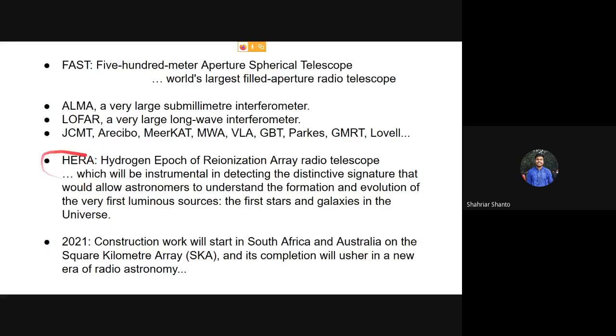As Asad sir was talking about, HERA and SKA both will be trying to detect and make discoveries about the first stars and galaxies. And this was the time, I think it is called the cosmic dawn.